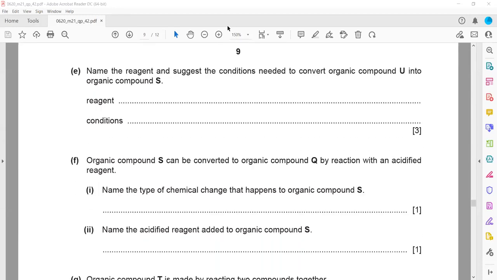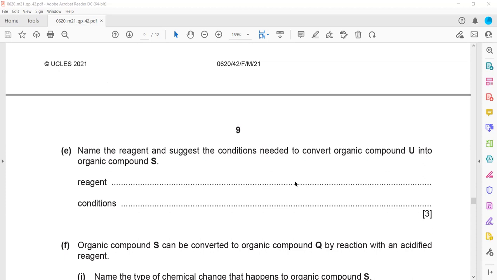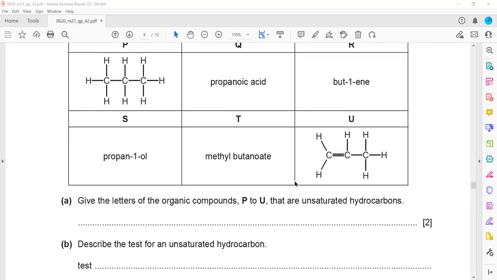The next question: name the reagent and suggest the condition needed to convert organic compound U to S. So how can U be converted into S?